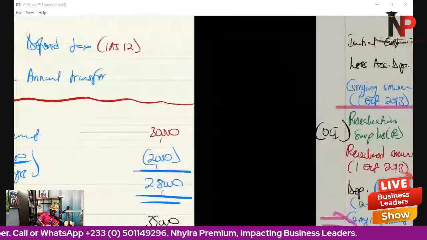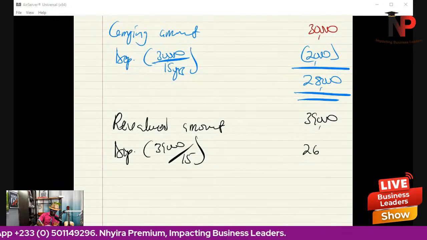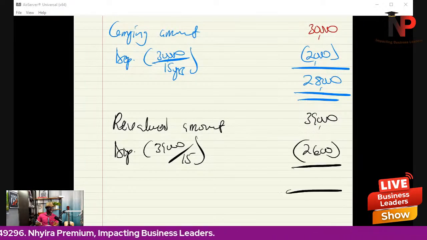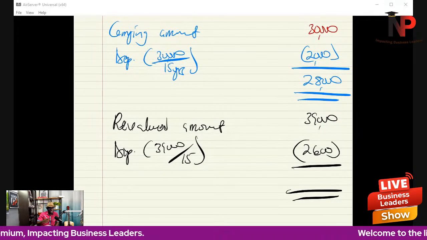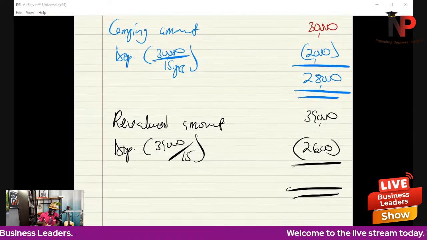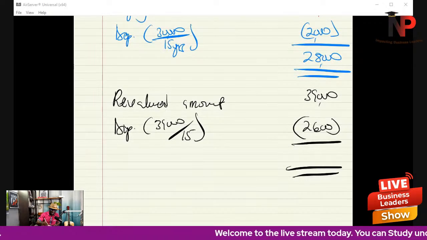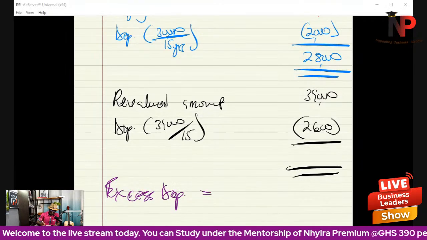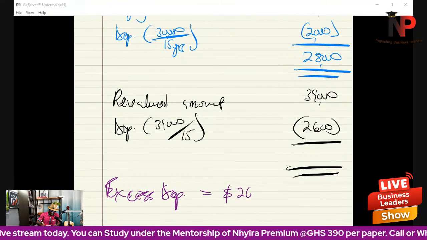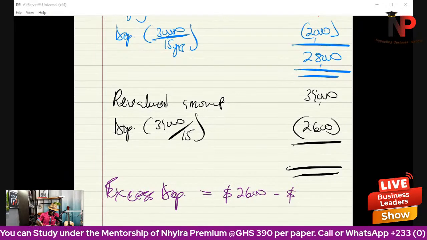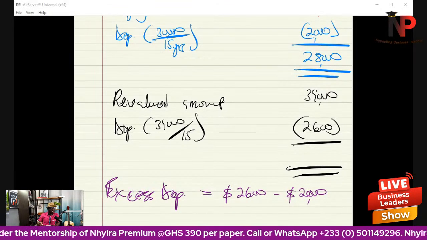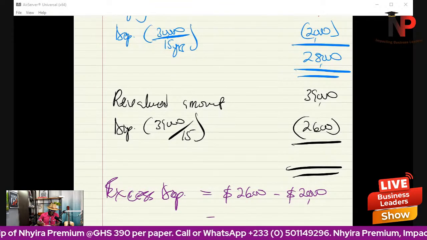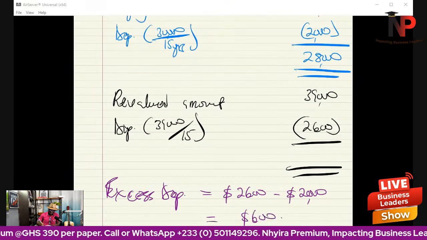So when we calculate depreciation using the revalued amount, there is an excess depreciation arising from that. The excess depreciation is the depreciation at the revalued amount, 2,600, less the depreciation that would have been charged using the carrying amount, and that is an amount of 600.